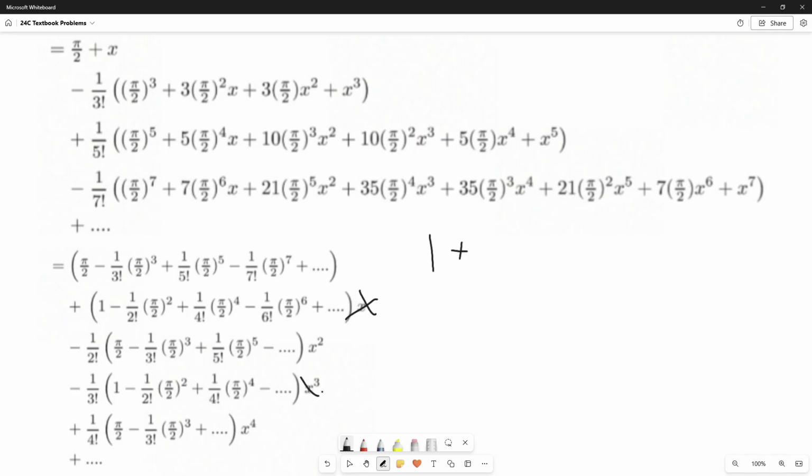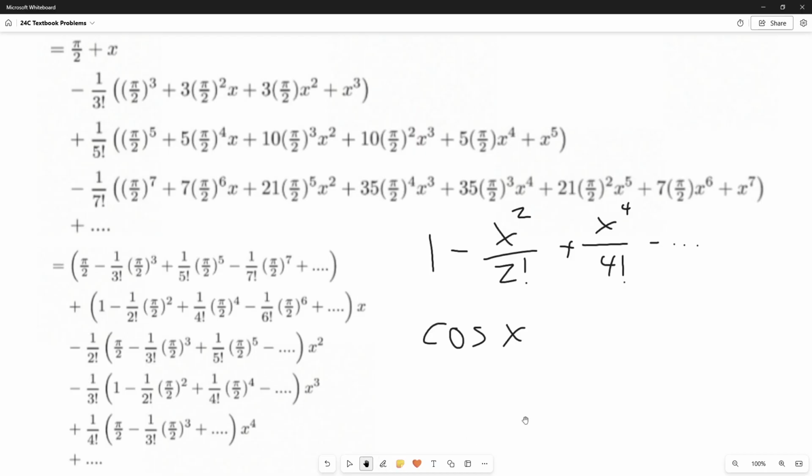all the odd terms, actually, and we only write the even ones. So it's going to be 1 minus x squared over 2 factorial plus x to the 4th over 4 factorial, and so on. And this is all we need. We've already simplified it a lot, and you should be able to tell now this is just the expansion for cosine of x.